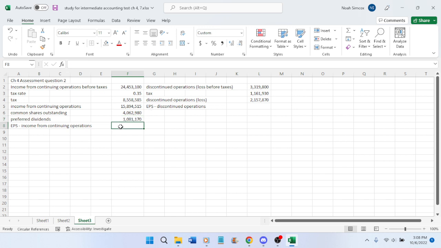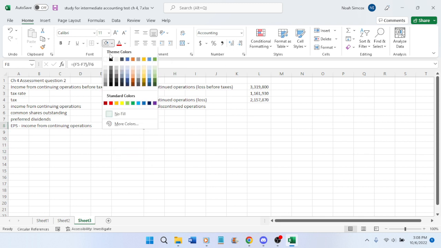So this is going to equal this minus this divided by this. And so that should be correct.